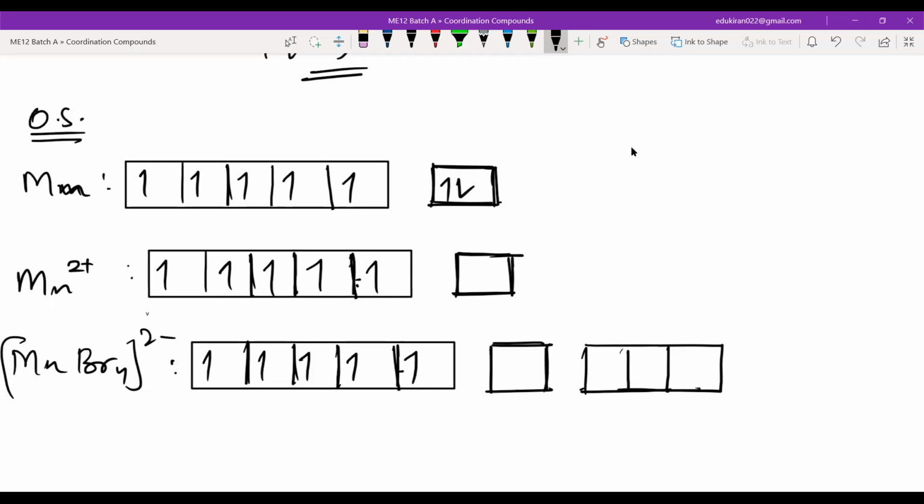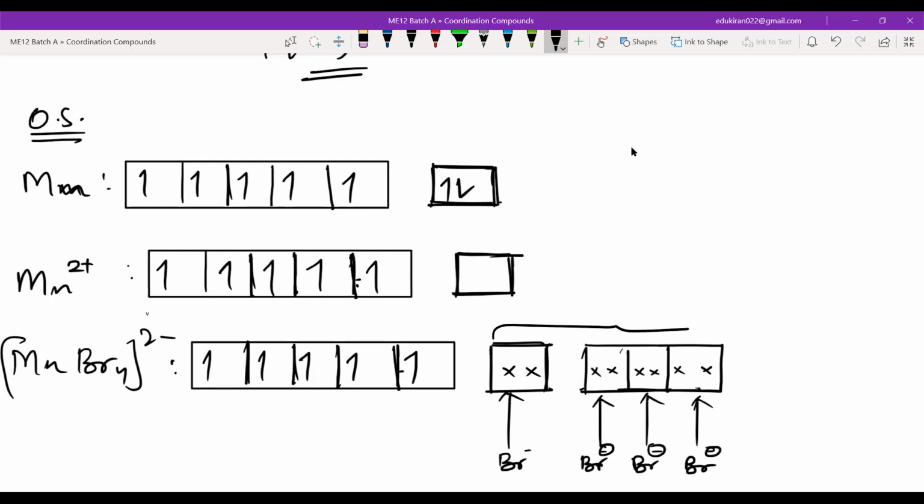Those vacant orbitals will be filled by the four Br negative ligands. Hybridization will be sp3. Geometry will be tetrahedral.